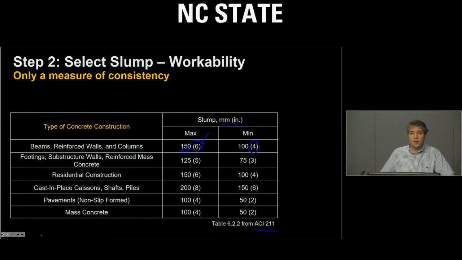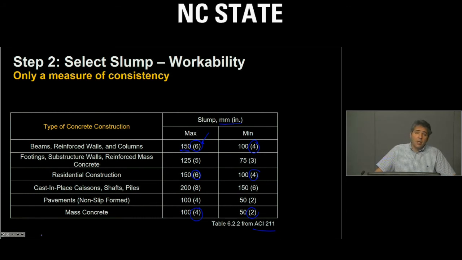If we are making residential construction, generally you want a concrete that has 6 to 4 inches of slump. For mass concrete, we want something between 4 to 2 inches of slump. And again, all of these are suggestions.